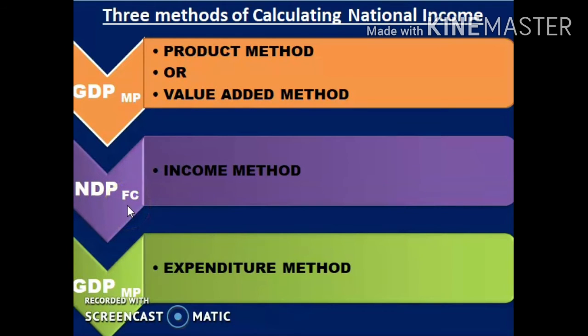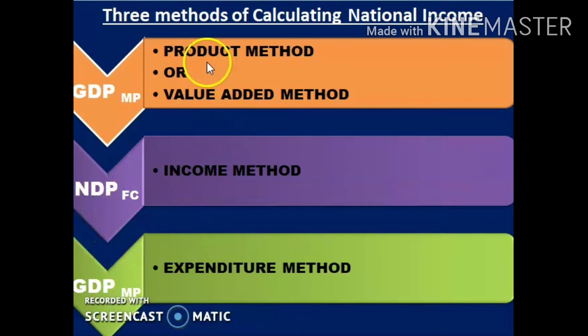Then we can convert to the term given in the question. If it is national income, we can convert it simultaneously. In the expenditure method, you have to find GDP-MP first. So it is easy to recognize: the first and last methods are the same, GDP-MP, and only in between is there a change, NDP-FC.